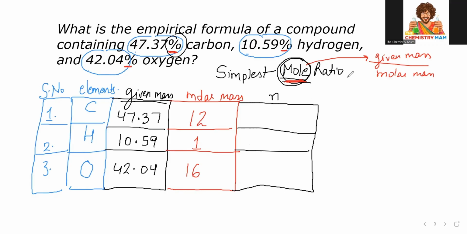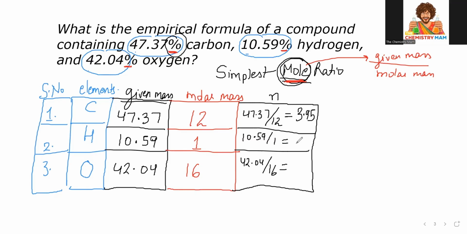So number of moles is given mass, so 47.37 divided by 12. Over here, 10.59 divided by 1. And over here, 42.04 divided by 16. So I'll use my calculator to do this calculation. 47.37 divided by 12 gives me 3.95 approximately.